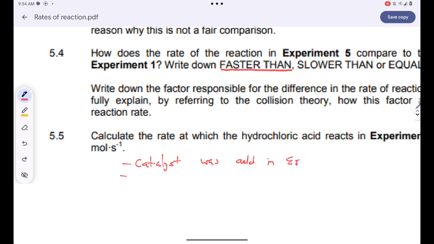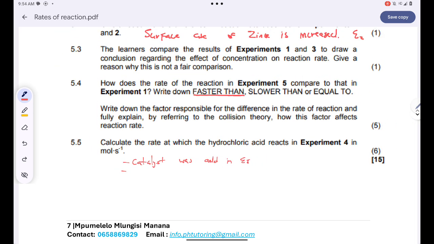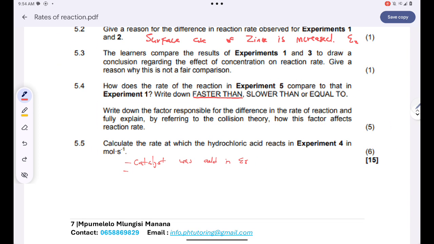And obviously, whenever you add a catalyst, please write this in point form. Whenever you add a catalyst, it will always take a path with a lower activation energy. Or you can simply say a catalyst will lower the activation energy of the reaction.